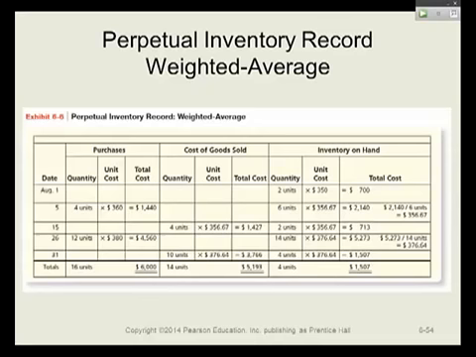I just want to make that clear that you only change the average cost when you have a purchase. You do not change the average cost when you sell it. The average cost is used to value cost of goods sold, but it does not change when you sell, because you didn't add to that average at all.